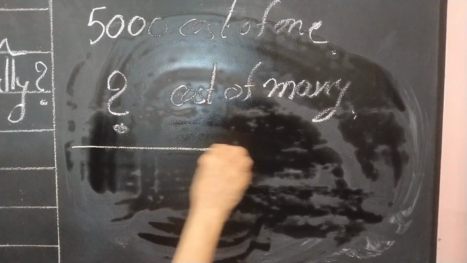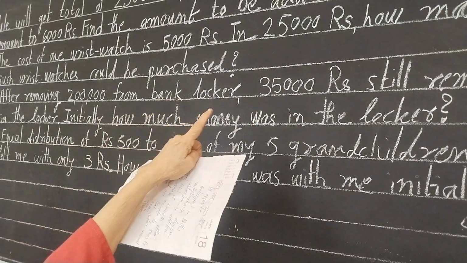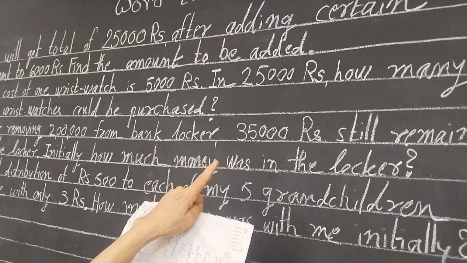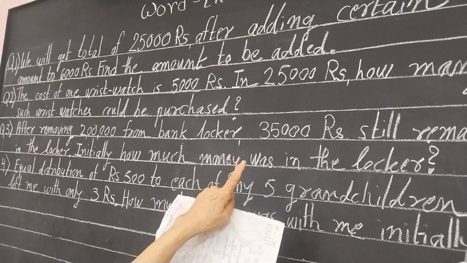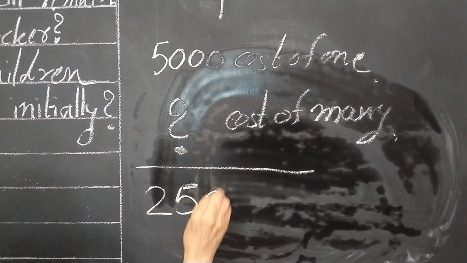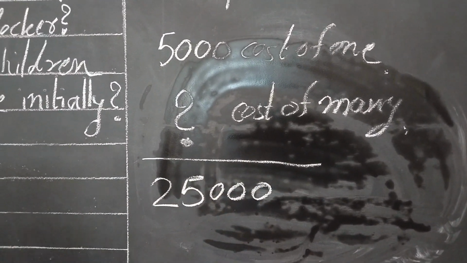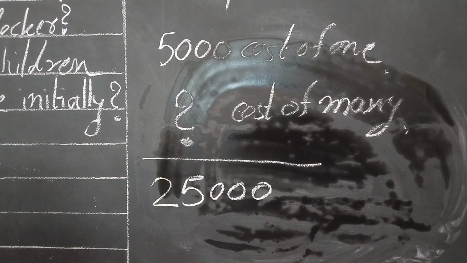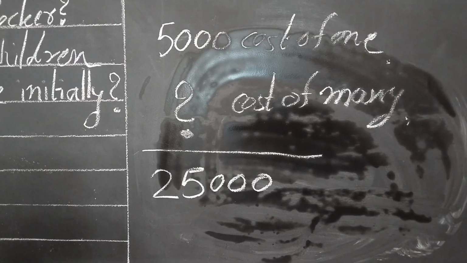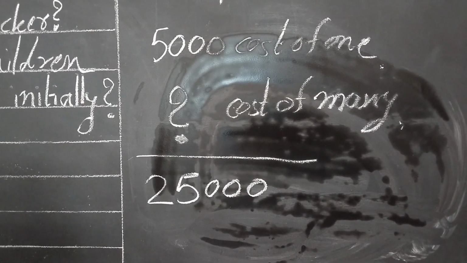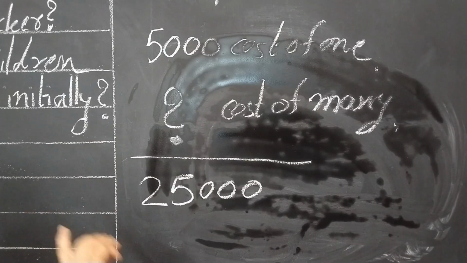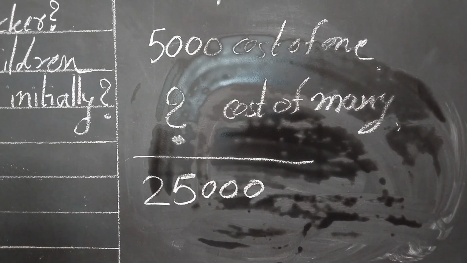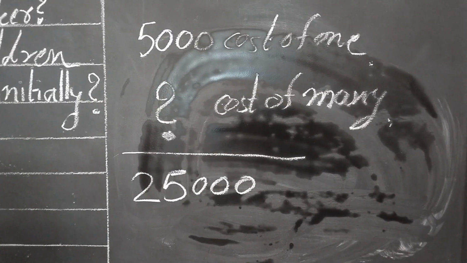And finally they have stated that in 25,000 rupees, means we have only 25,000 rupees total, how many wristwatches can be purchased? So here, do you remember that in multiplication we have the cost of one and we have to find the cost for many.